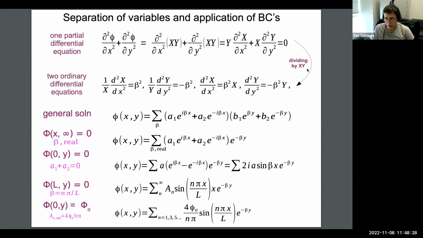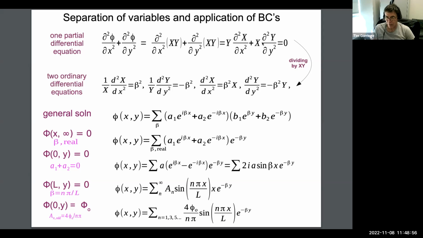Now, here's a useful thing to do. Supposing I divide this expression by the product of X and Y. For the first term, if I divide by X times Y, I'm going to cancel out the Y. And this first term only depends on the function X and its differential.